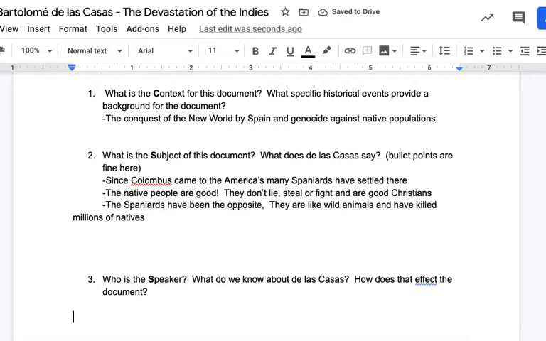Okay, so here we got to work a little bit from here on out to figure out what's going on. So who is the speaker? Well, the speaker is obviously Bartolome de las Casas, but what do we actually know about him? We know that he's a former encomendero, which means that he enslaved the natives.